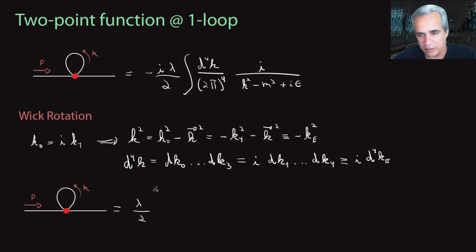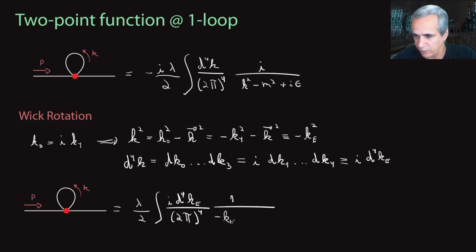And then there's a third one coming from here, which I'll put here, d4k Euclidean over 2 pi to the fourth, and this denominator just becomes minus k Euclidean square minus m square plus i epsilon.